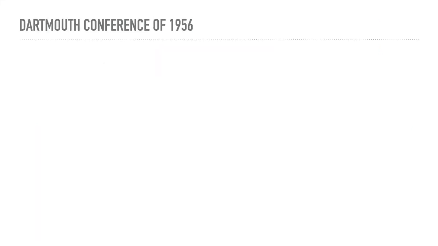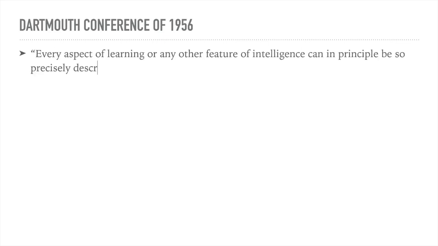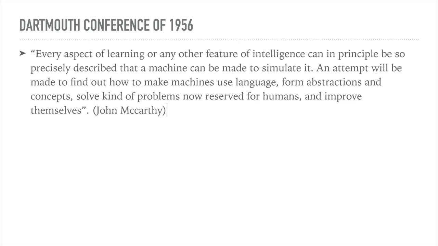Moving on, if you remember, I spoke something about the Dartmouth conference. Now this is actually known as one of the founding conferences for artificial intelligence, and Mr. John McCarthy was the orchestrator for all these things to happen.